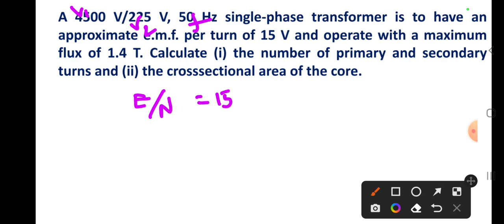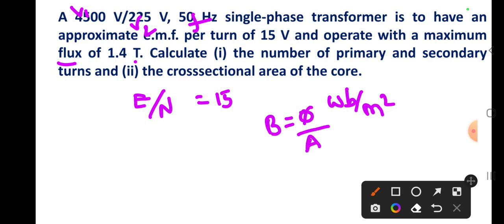The maximum flux density is given, but here the unit is Tesla. Tesla is the unit of Weber per meter square. That is flux density B, which is equal to phi by A. Then calculate the number of primary and secondary turns, and the second one is the cross sectional area of the core.